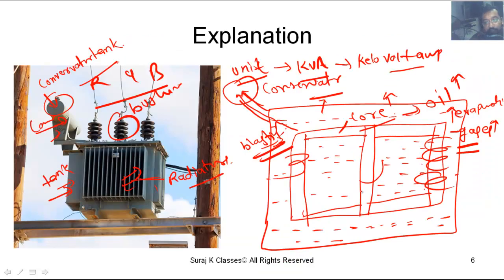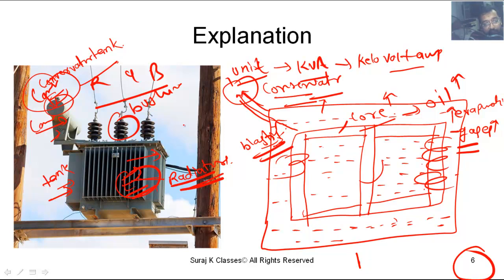Now, in slide number 6, I explained the basic principle of the transformer, and the use of the conservator tank installed here, and the radiators. The oil keeps rotating in the transformer through these radiators.